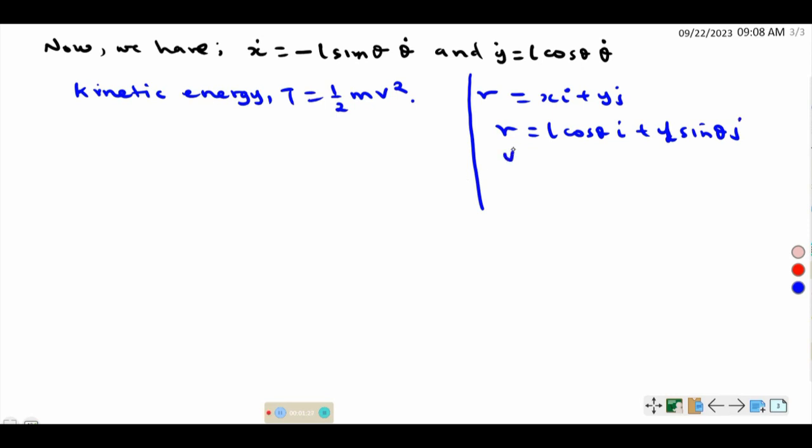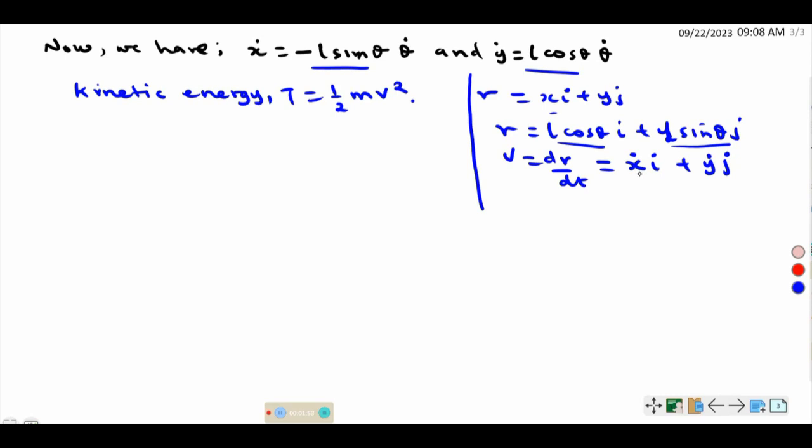So v is the same as dR/dt. We already know that v is the same as dR/dt. So it is the same as differentiating this with respect to t, which we have seen that this one here is representing x. So this will be the same as x dot i plus y dot j, where x dot is this one and y dot is this one.